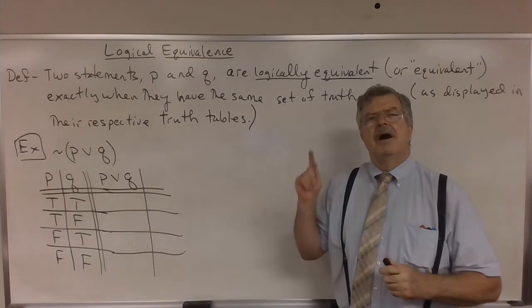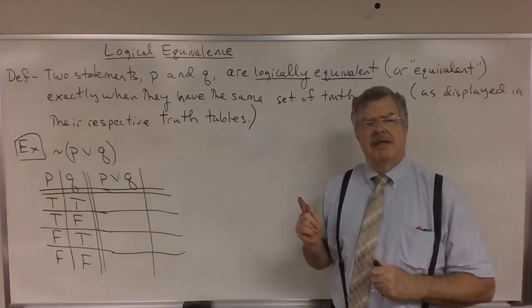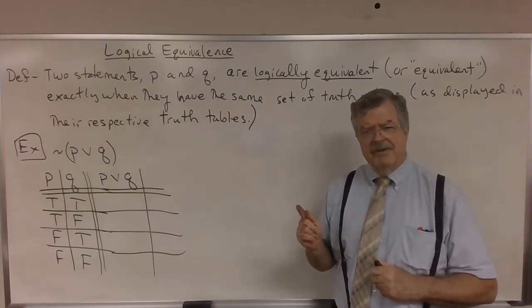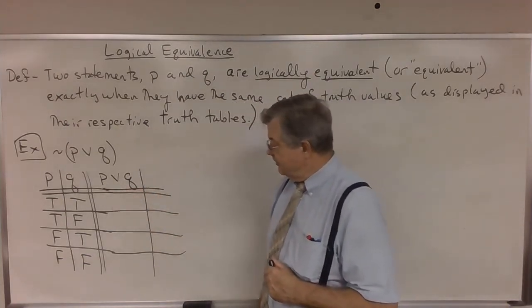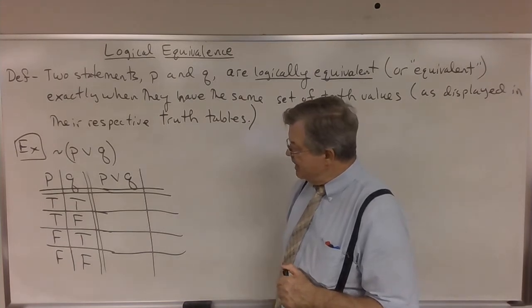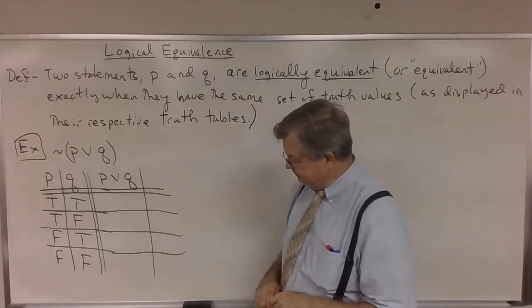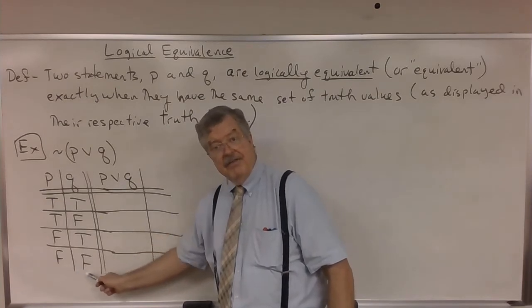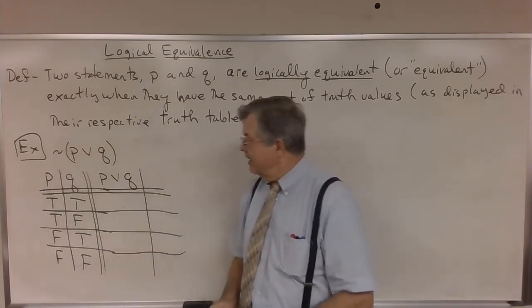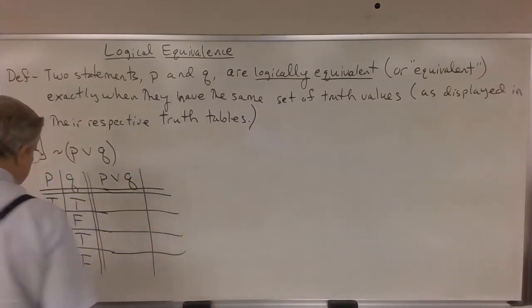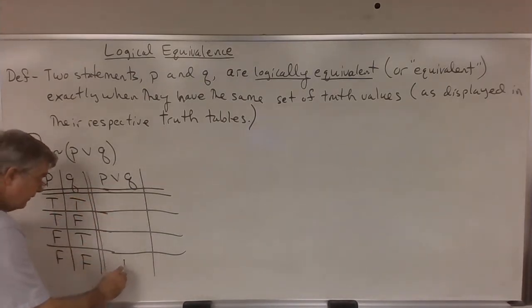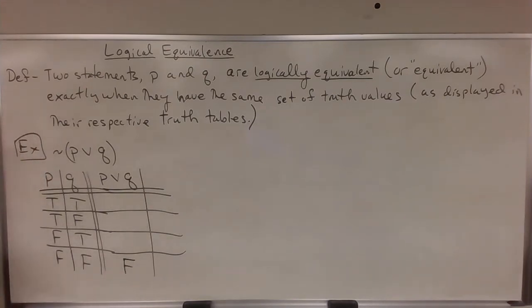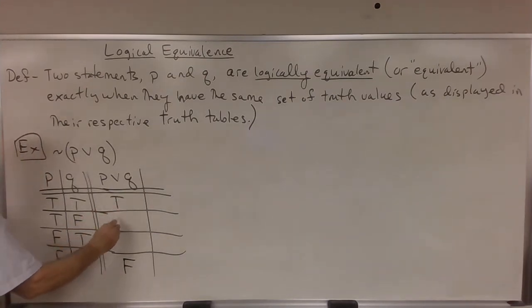An OR statement is only false when both statements that make it up are false. So where are P and Q both false? Right here. So for this set of truth values of P and Q, the statement P or Q is false. In all other situations, the statement P or Q is true.